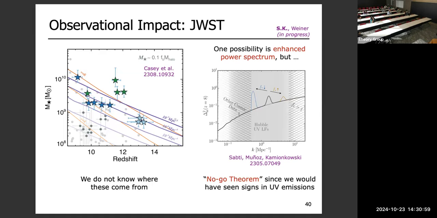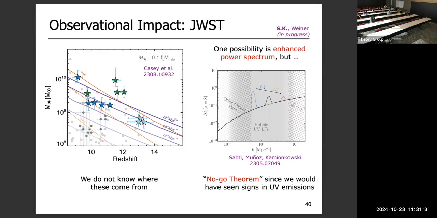One thing that people did try was that maybe there is some bump in the primordial power spectrum, and that would give rise to rare halos at high redshifts, because the power spectrum is larger, so there is more structure. But then there is this interesting paper which showed that if you start putting bumps on the power spectrum, then under certain configurations, they actually can mess up other observations.